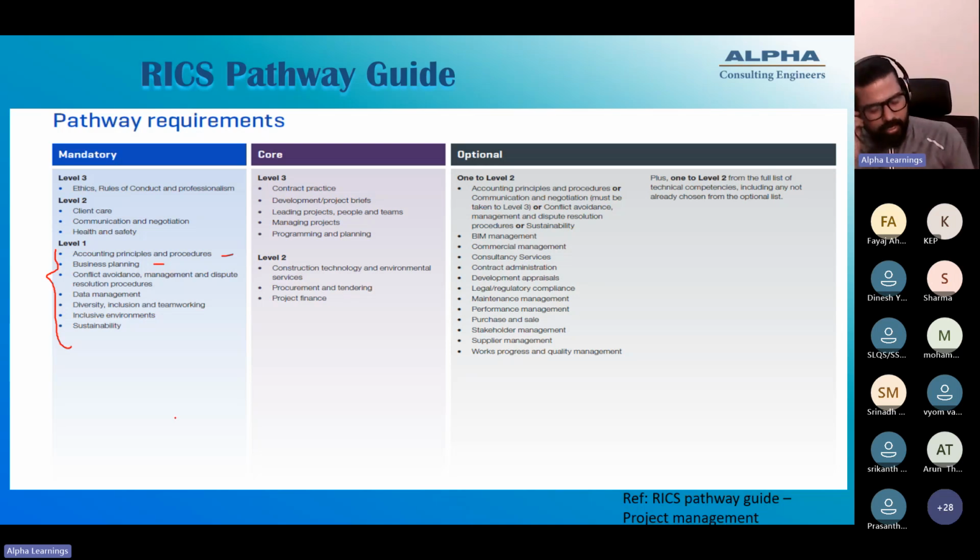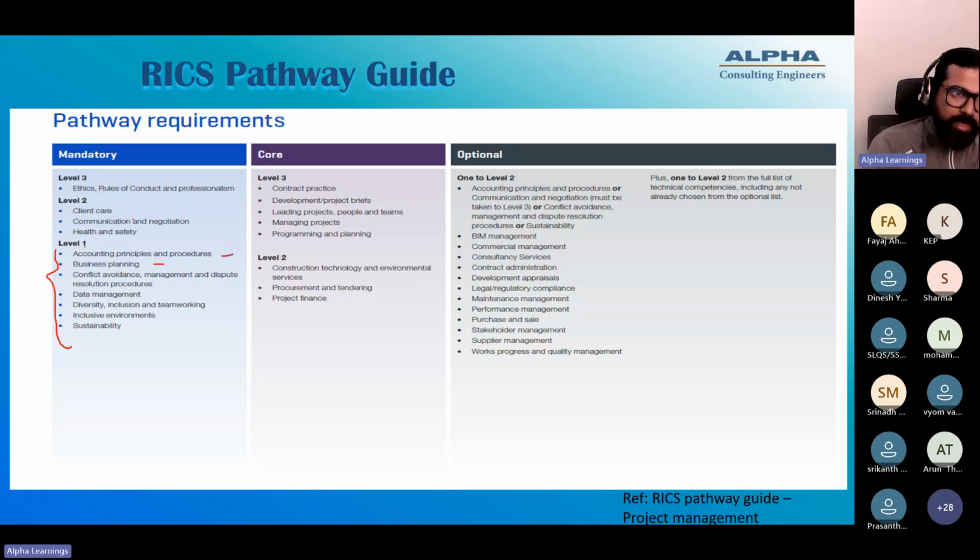Learn these things. In the summary of experience, you have to write only level 1, and that too in 80 to 100 words: what you have learned, from where you have learned, what is your understanding of this competency. So you will write each level 1 in 80 to 100 words.